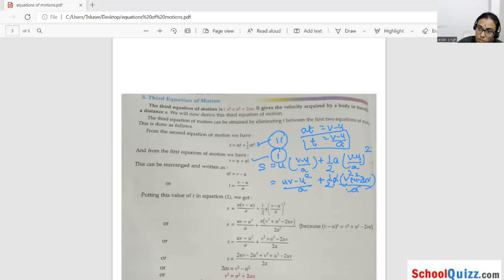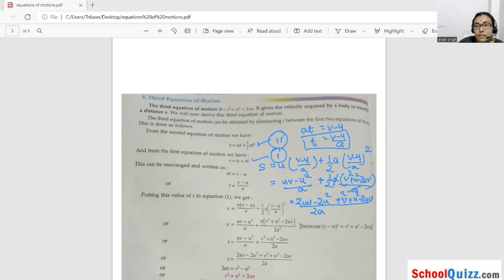This a cancels out. Now here it will be 2a, so we will multiply the first term by 2: 2uv minus 2u square plus v square plus u square minus 2uv.